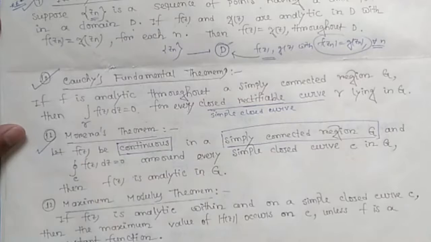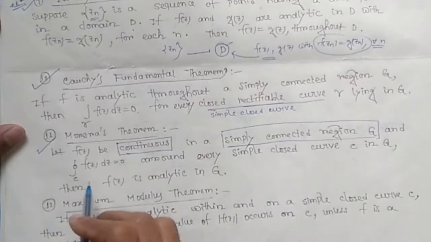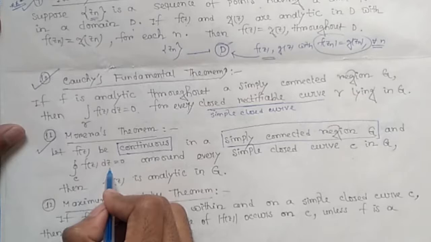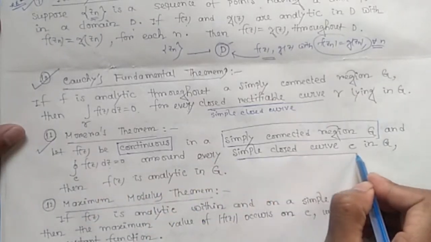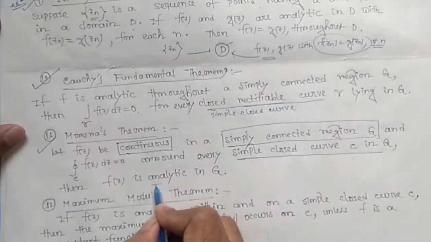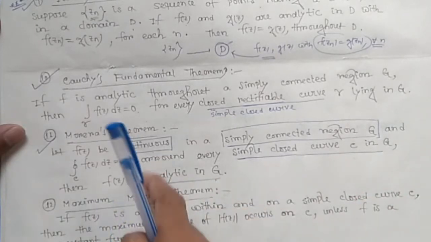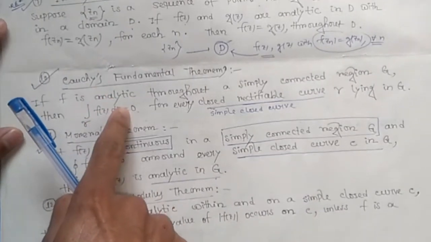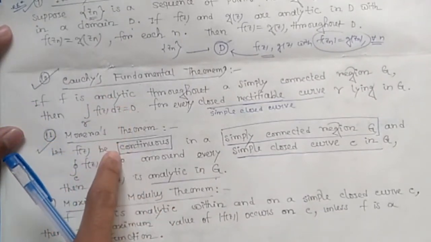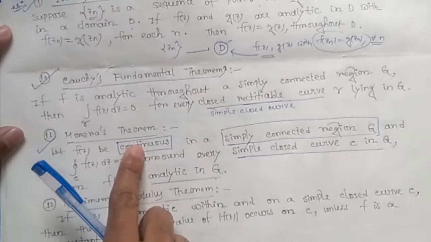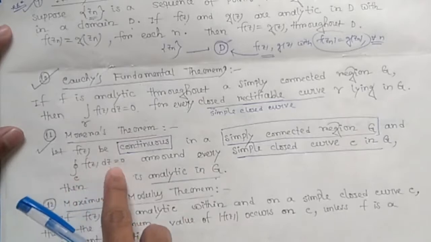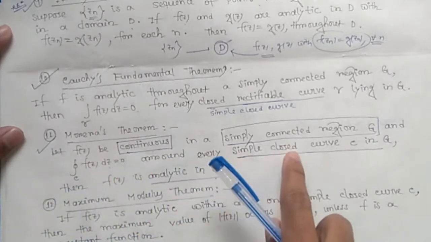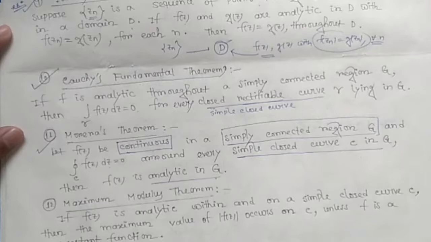If f(z) is continuous in a simply connected region G, and if the integral over C of f(z) dz equals 0 for every simple closed curve C in G, then we can say that f(z) is analytic in G. If f is analytic, then the integral is 0 for every simple closed curve, and the converse says that f(z) continuous in a simply connected region G with integral 0 for every simple closed curve C in G implies f(z) is analytic.